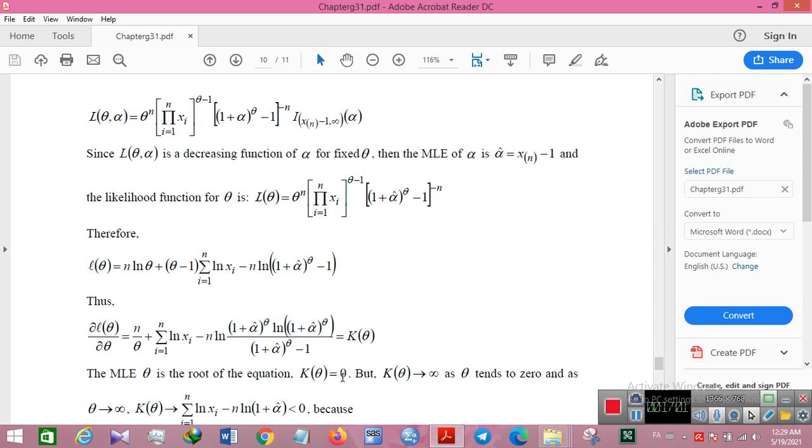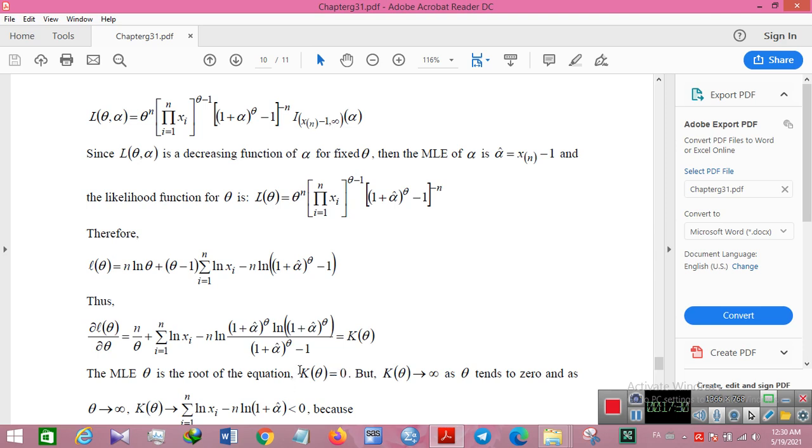So the value of theta, which is the MLE, is the root of this equation. Solving this equation means finding the maximum likelihood estimator.